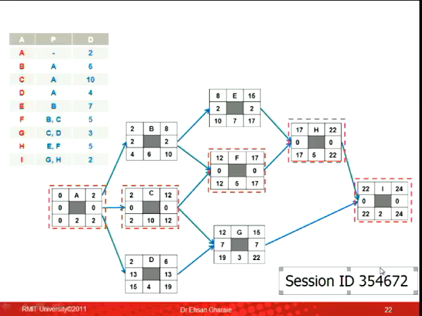Basically, total float is the difference between these two figures. So 15 minus 2, 13. 19 minus 6, 13. For G, 19 minus 12, 7. 22 minus 15, 7. So when you finish your backward pass, the next thing that you need to do is to calculate the total floats.